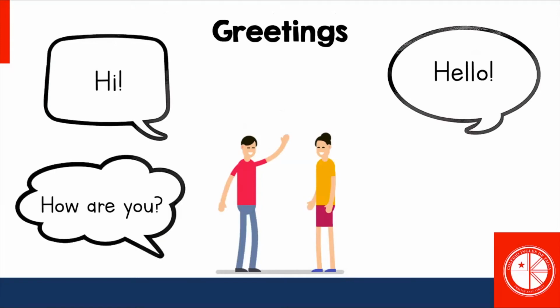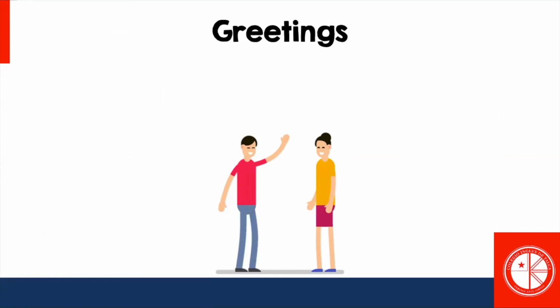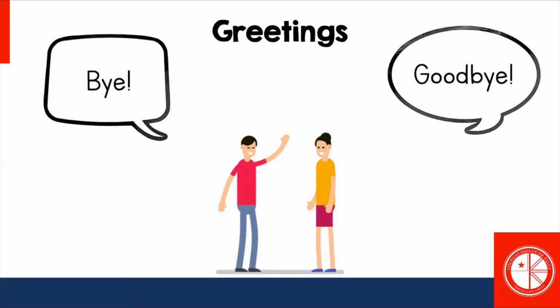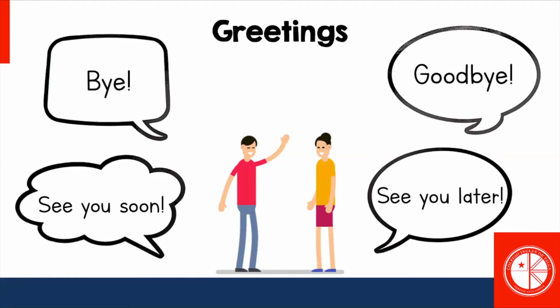If I want to know how this person is doing. And if I don't know the person, I can ask, what's your name? And when I want to end a conversation, I can say the following sentences. Bye, goodbye, see you soon, and see you later.